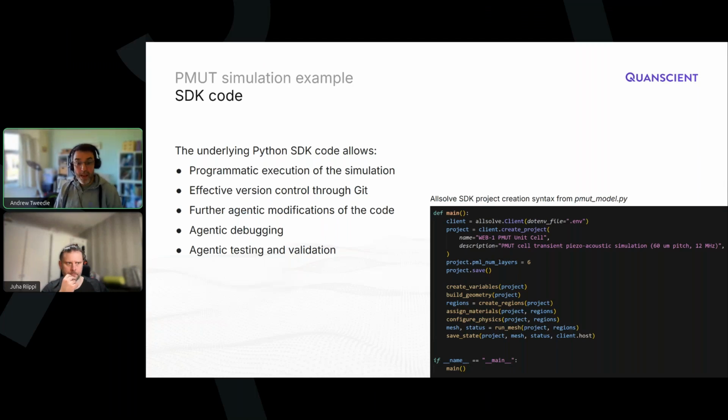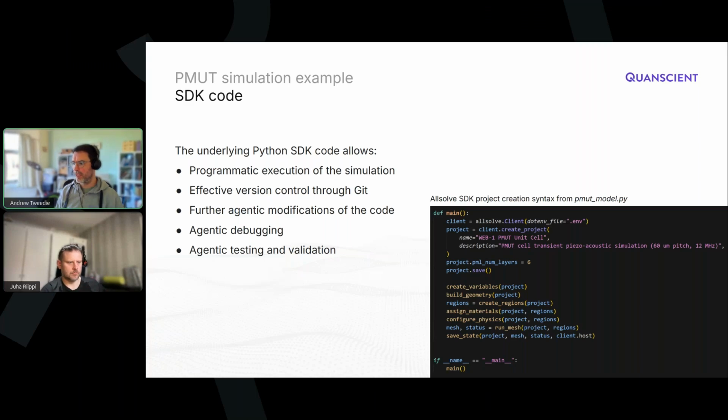So I said that we have a UI-driven model in AllSolve at this stage, but we also have the underlying Python code that is required to generate it and run it. So this is what it looks like.